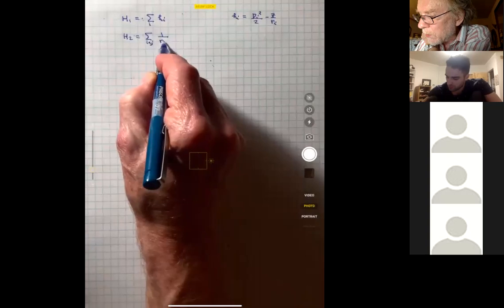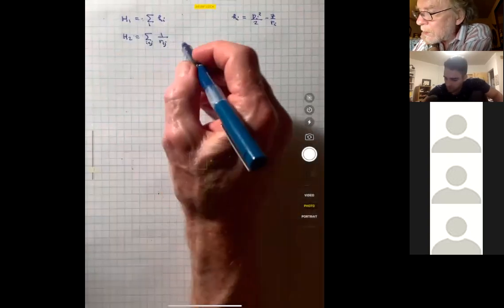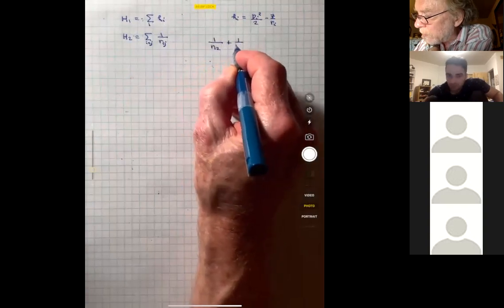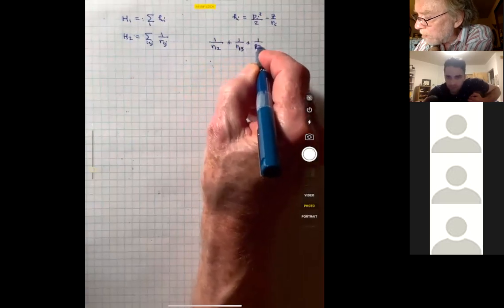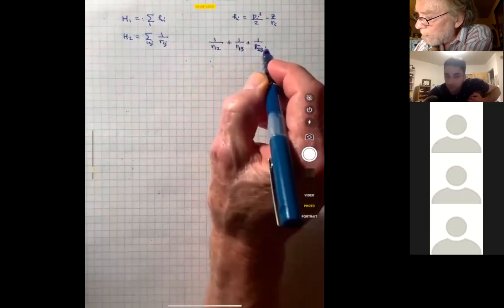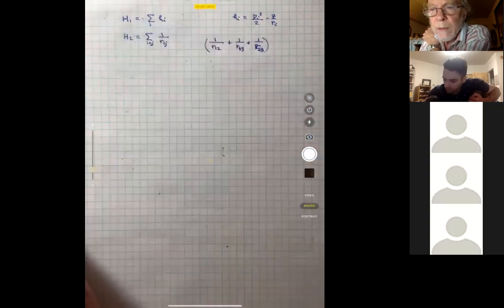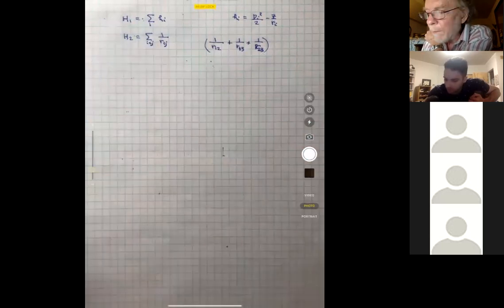And again, this is invariant under permutations of electrons. For example, if there were 3 electrons, it'd be 1 over r12 plus 1 over r13 plus 1 over r23, if I can say it while I write it. And this is invariant under any permutations of the three electrons. So H1 and H2 are actually individually physical operators.